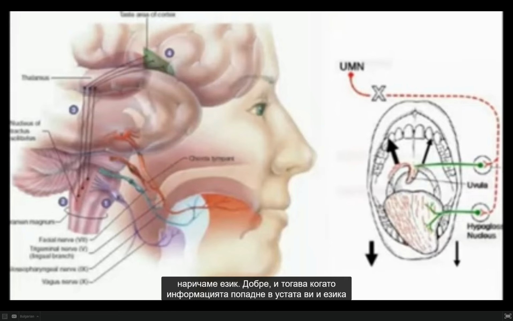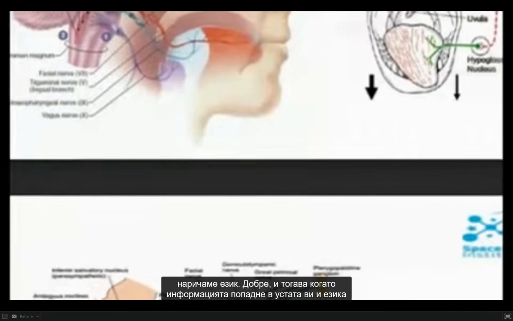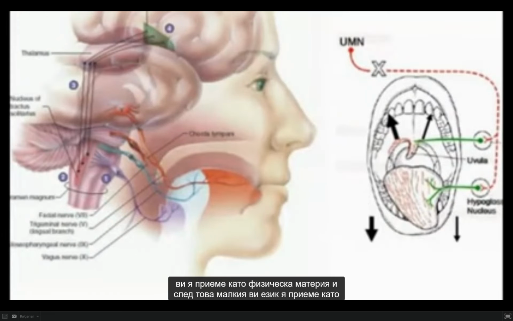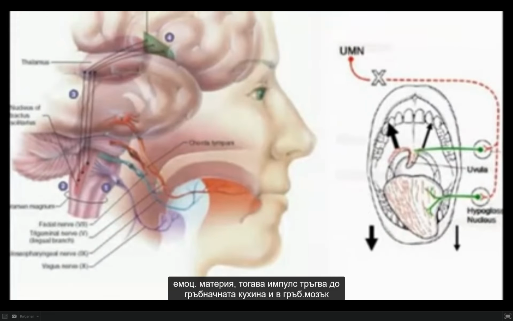Okay, and then when information comes into your mouth and your tongue accepts it like physical matter and your small tongue accepts it like emotional matter, then the impulse goes to the spinal cavity and the spinal cord, up and down to the brain or to your body.